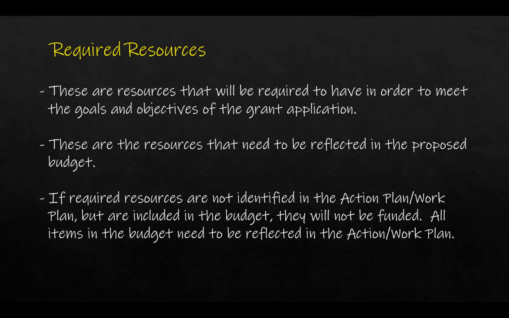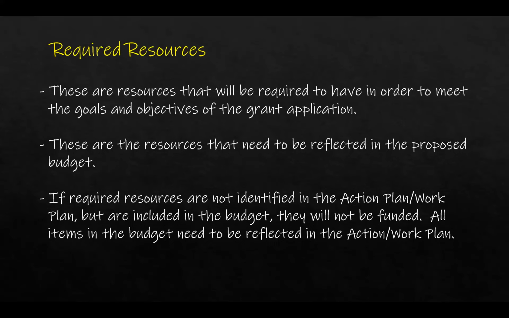And make sure that you've got it covered, because if you need to rent a room at $1,000 a day at a hotel for a big training and you don't have that in your budget, your school or your agency is not going to come up with $1,000 to pay for that. So you need to think of all of the angles. What's it going to cost me to provide this training?